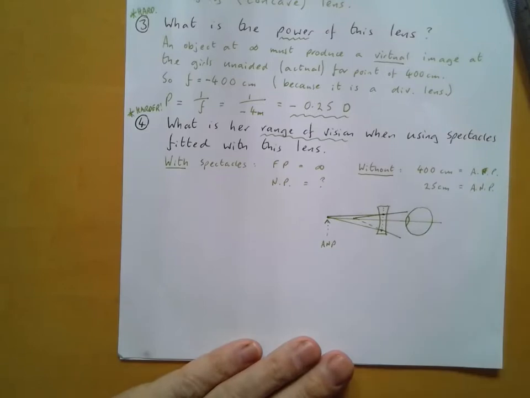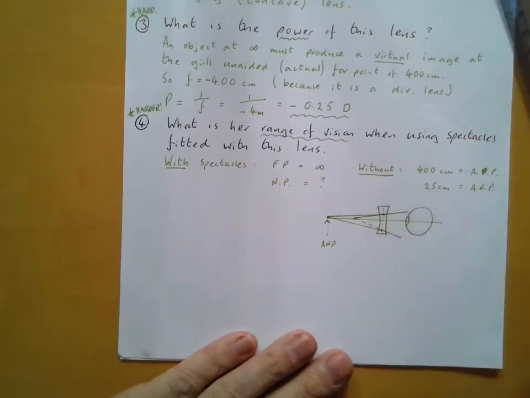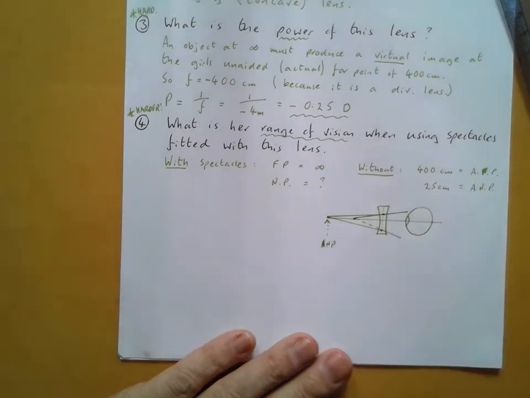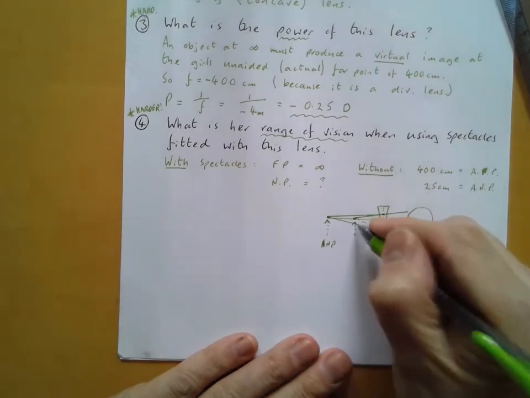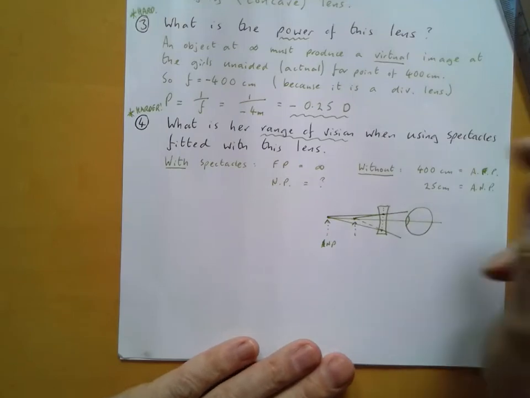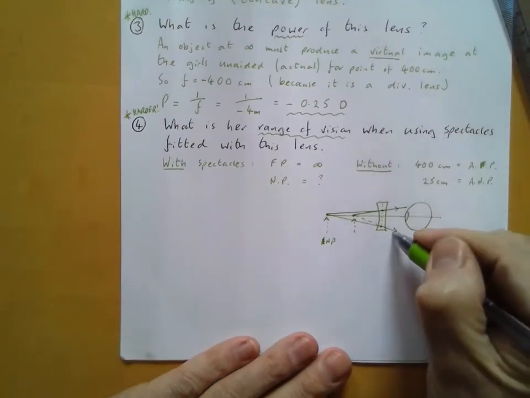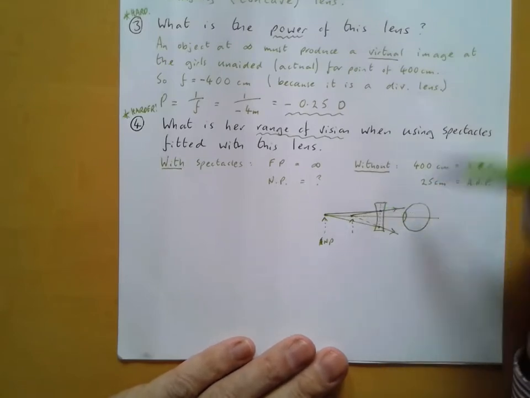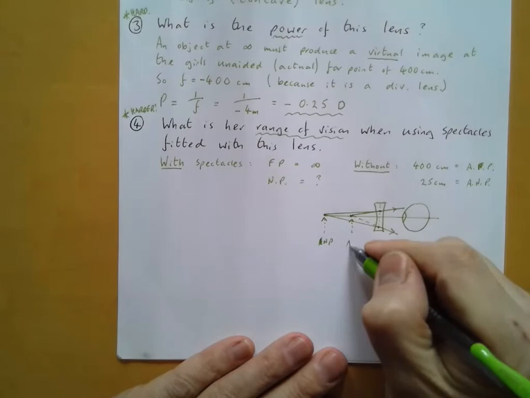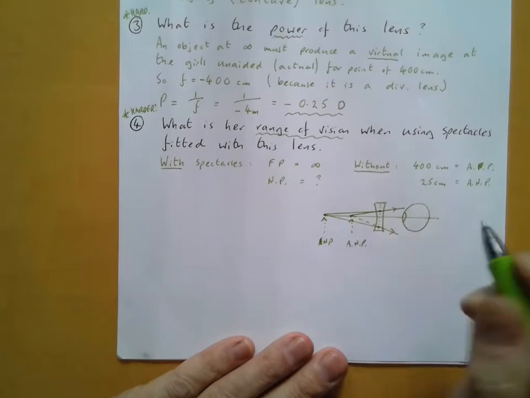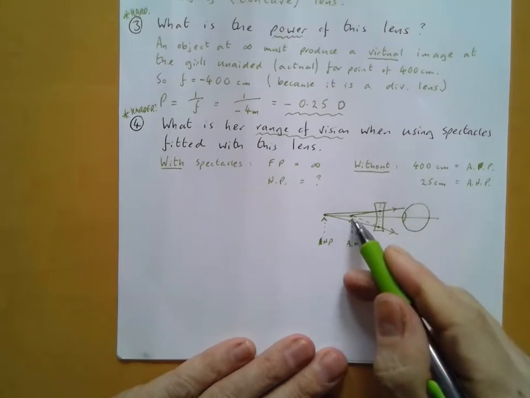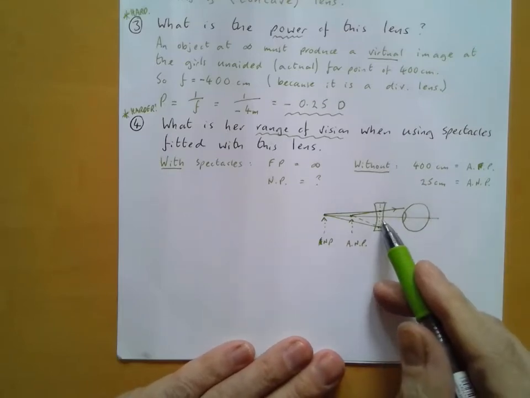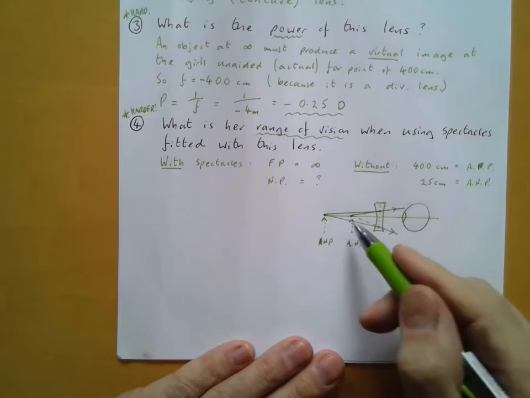Now I've messed this up. So that is our actual near point. So if the object was here, that is the actual near point. If the object was here, then she would be able to focus on it, and that would be okay. But with the lenses present, rays will be diverged.